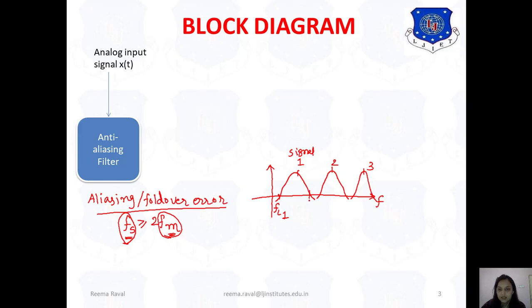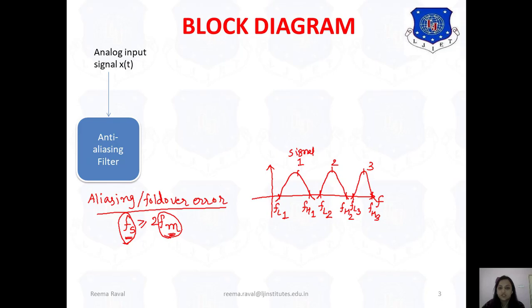Then this is FH1, the high frequency value for signal 1. Similarly, this is FL2, the lower frequency value for signal 2. This is FH2, the high frequency value for signal 2. This is FL3, the low frequency value for signal 3, and this is FH3, the high frequency value for signal 3.